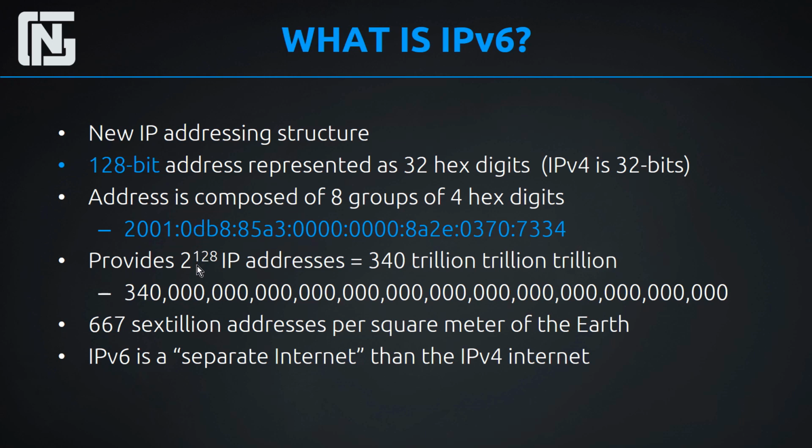Now, it's 2 to the 128 IP addresses because it's 128 bits in length. Whereas IP version 4 was 2 to the 32, which provided us with 4.29 billion IP addresses. Now with IP version 6, we have 2 to the 128th power, giving us 340 trillion IP addresses, which is actually a number called undecillion: 340 undecillion IP addresses.